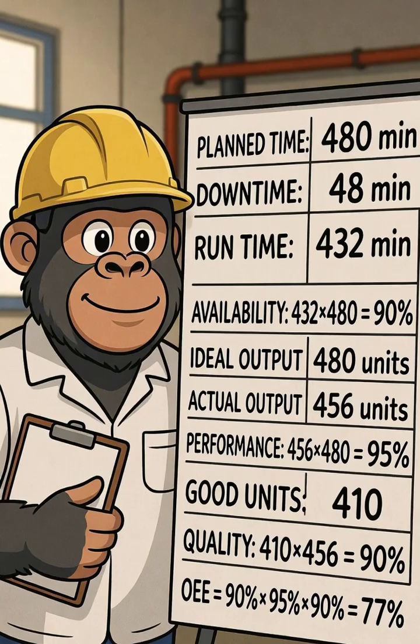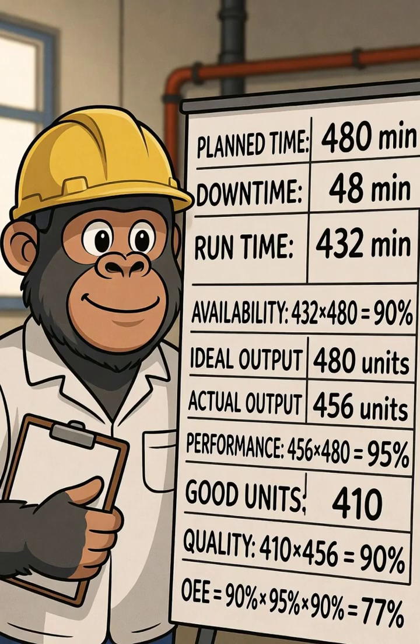Finally, quality. Of the 410 units we produced, we inspected them and found 368 were good quality. 30 units were scrap and 12 units needed rework. Quality is 368 divided by 410, which equals about 90%.